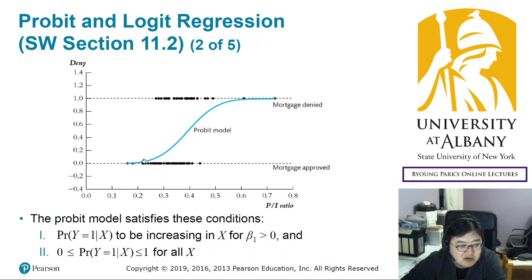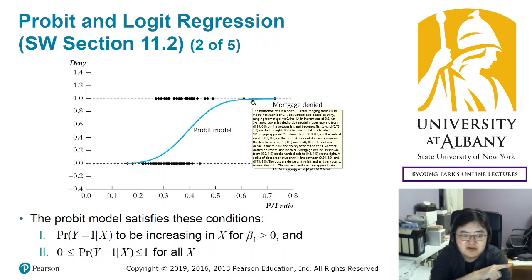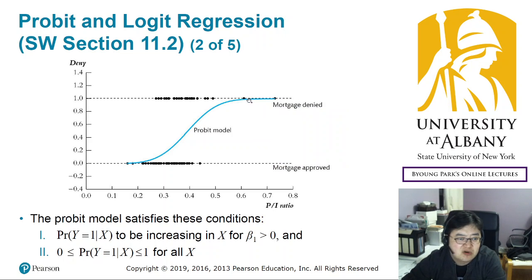Of course the curve will go forever toward this way, but it never goes below 0. Also it can go forever here, but never goes above 1. It's an S-curve, a nice, good looking, smooth curve.